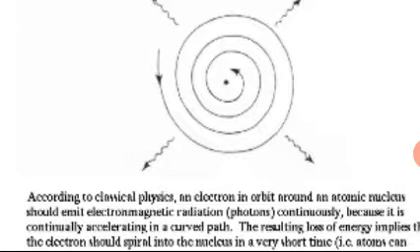Rutherford told that electrons revolve around the nucleus, and the path is not mentioned. So classical electromagnetic theory said that the revolving electron may lose its energy and lose its orbit and collapse.